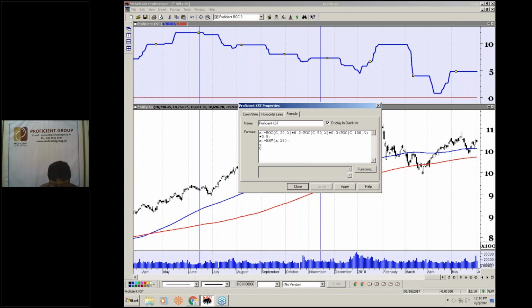and let's introduce another variable Y, which will now tell us the lowest low value of the KST of the past 25 days. We do not need the zero line right now.